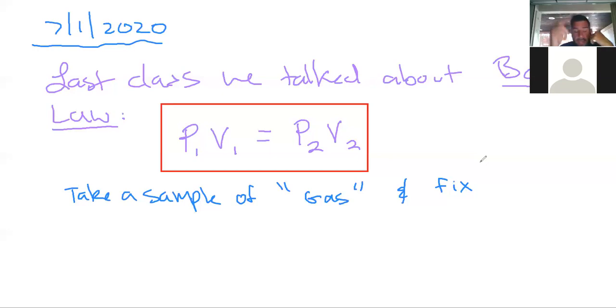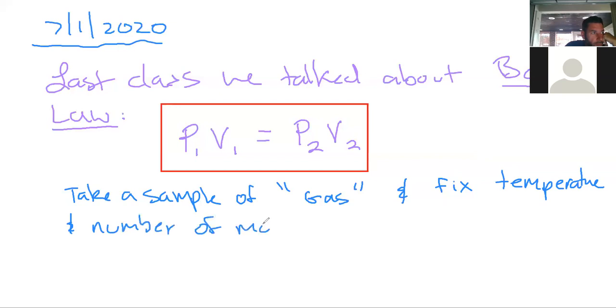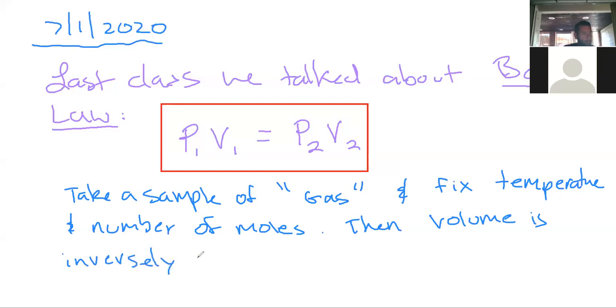So if we take a sample of gas and fix the temperature so it can't change, and we fix the number of moles, then we say that volume is inversely related to pressure.